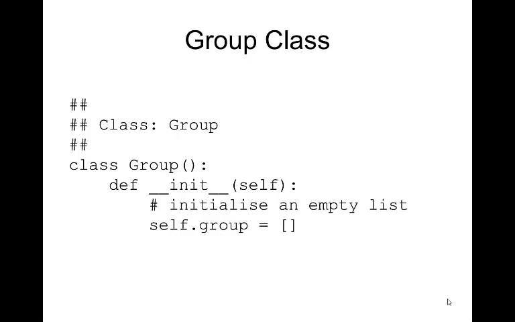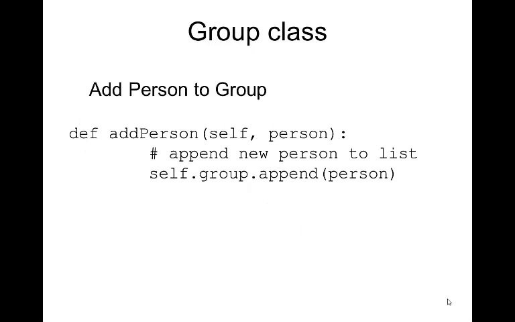All we do when we create a group is create an attribute called group as an empty list. These square brackets in Python mean an empty list. A list is literally a list of things. So we just create this empty list object in our group class.